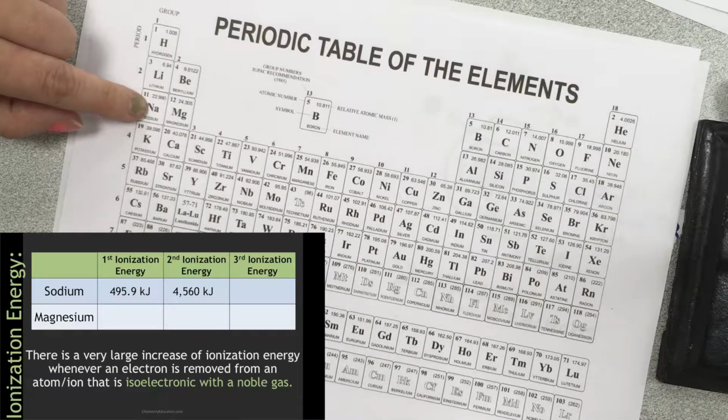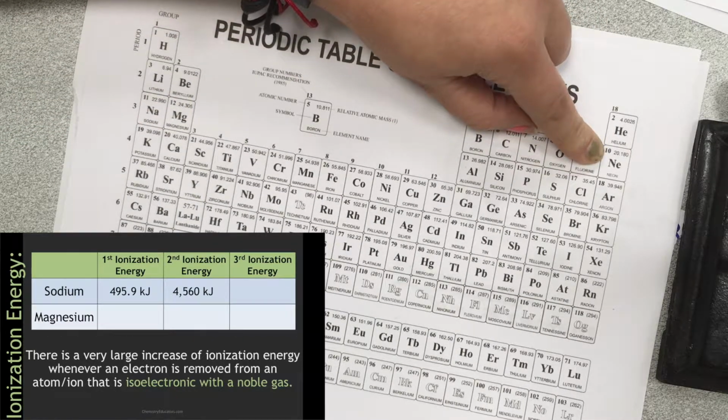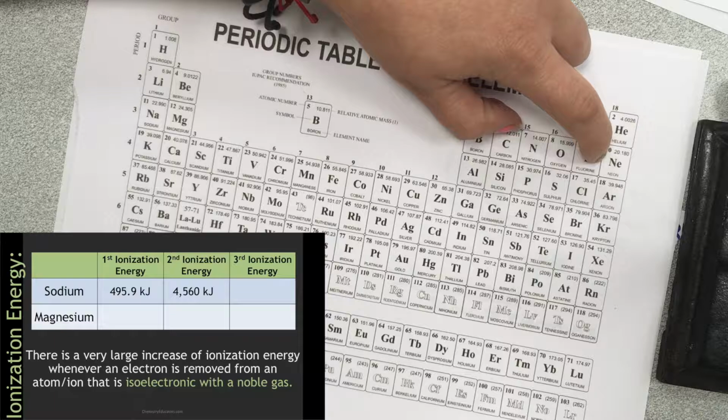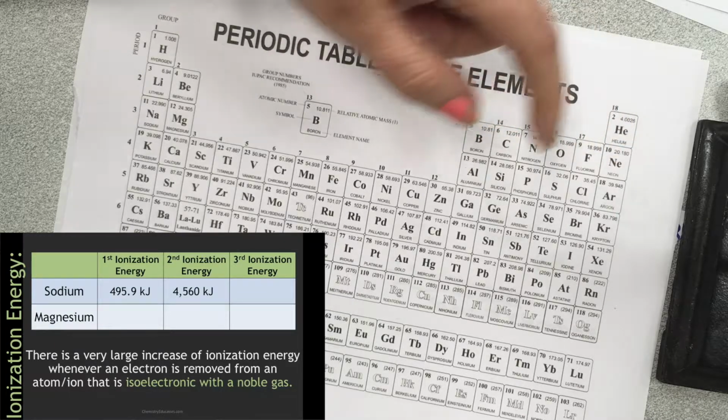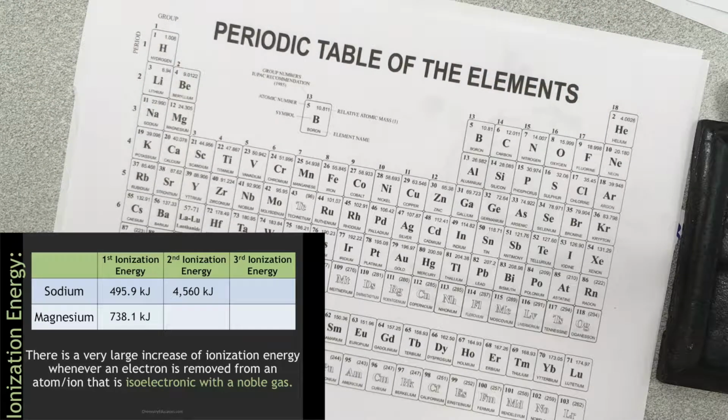So you have sodium, you take off that first electron, it becomes isoelectronic with neon, so it didn't take that much energy. However, if you look at the second ionization energy, it becomes isoelectronic with fluorine, which is more unstable than neon. So it takes much more energy to become unstable. Okay, moving on.